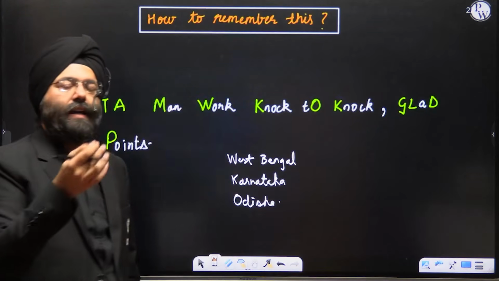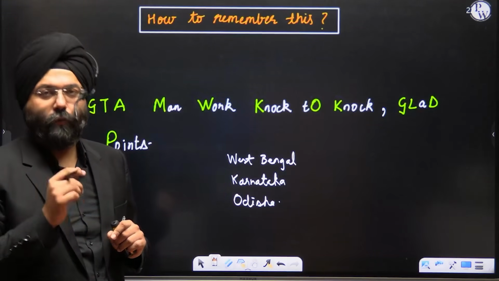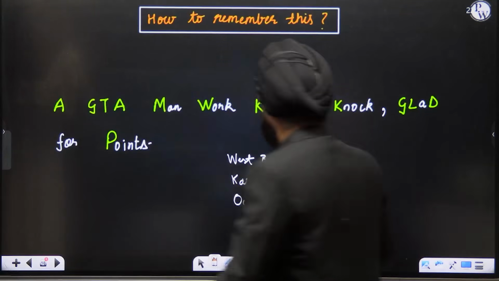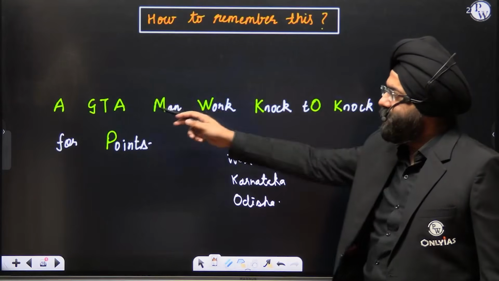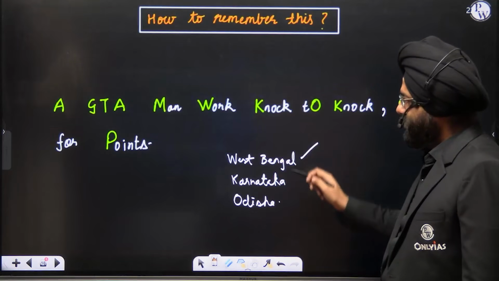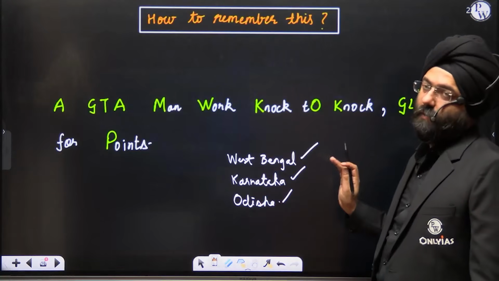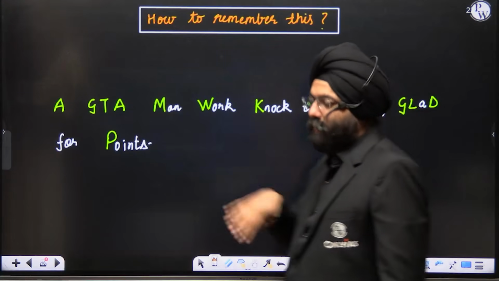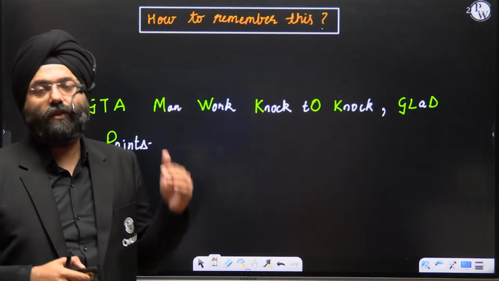They tell you to arrange the states according to the length of their coastline, from greatest to smallest. When you see the question, you might not be able to attempt it if you do not know. Now you know GTA man worked knock to knock. So the greatest length is West Bengal, then Karnataka, then Odisha. So we can arrange them. It becomes easier. If you do not know them, it will be a problematic situation. So please, please, please solve such problems in an easier way. Clear? So we are done with the coastline, again important from the perspective of location.